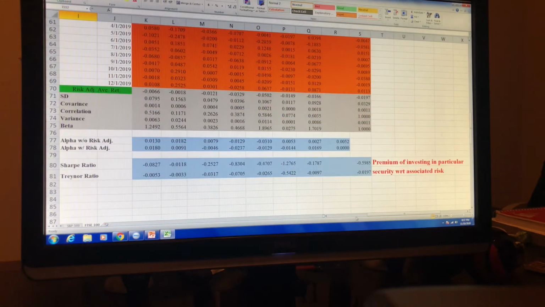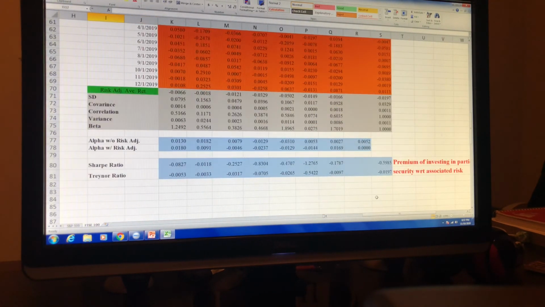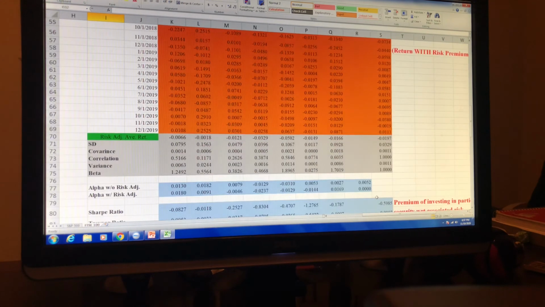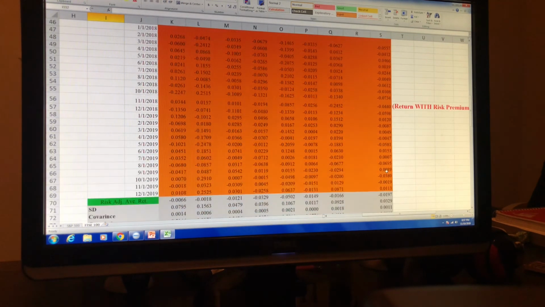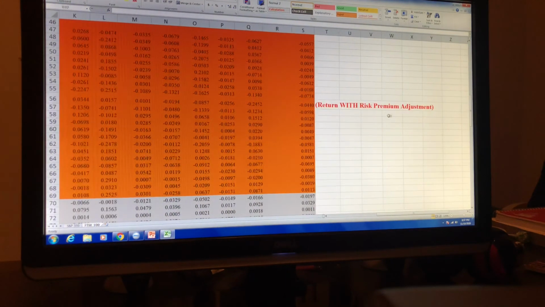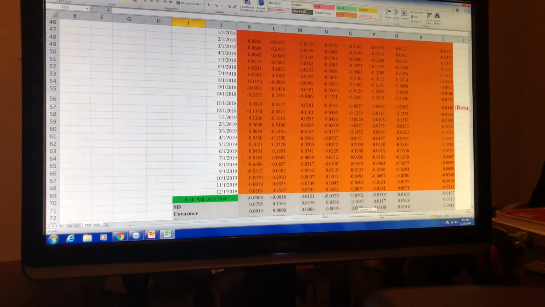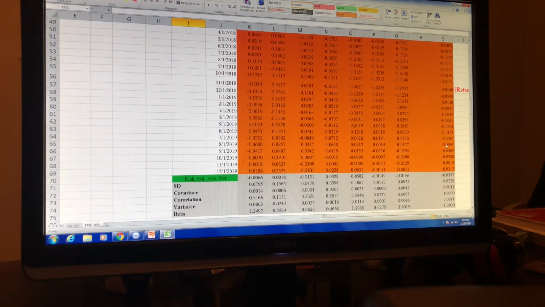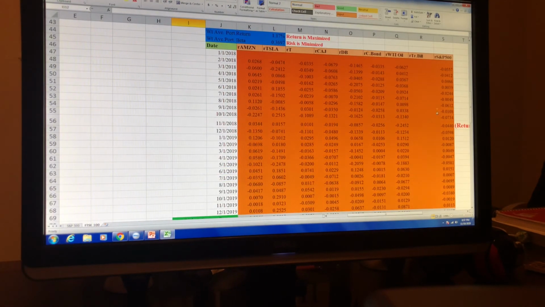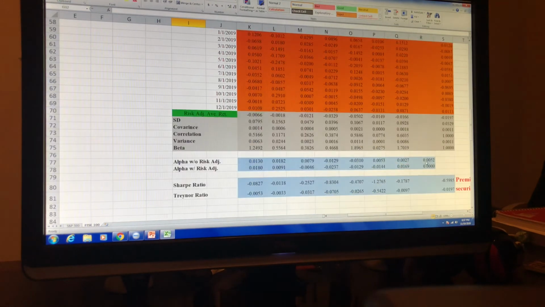I did notice that. Everything was still low. When it comes to the return with risk premium adjustments in terms of the average return on each one of these, compared to the risk associated as we subtracted each one from the asset prices.